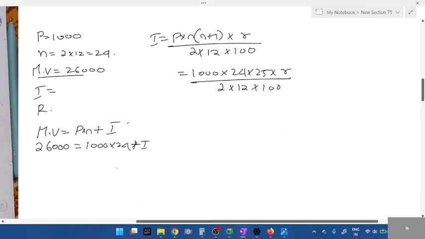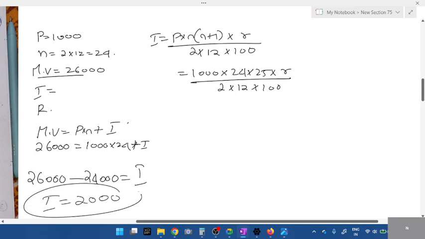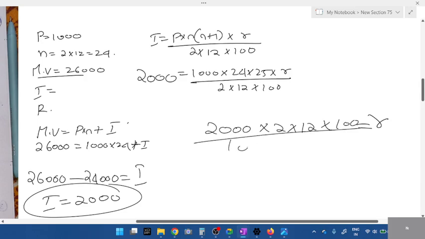You find I is equal to 26,000 minus 24,000. What is the I value? I is equal to 2000, substitute here 2000. And if you want to find out R, shift all the values. 2000 into 2 into 12 into 100 divided by 1000 into 24 into 25. Is it clear?